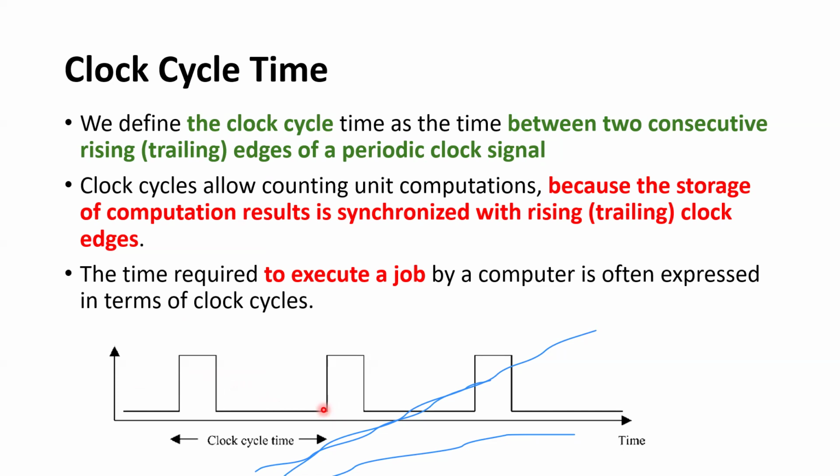The computer should be done. So we use that to know, okay, this is how long you are performing a particular task. Now you should stop, the next one should continue, because it is synchronized with the rising clock edges.